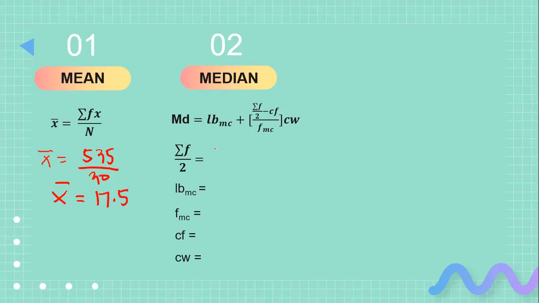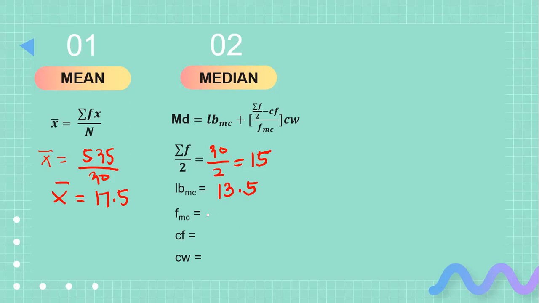17.5. For this part is 30 by 2 is equal to 15. Then atong lower boundary kay 13.5 or 13.05. Okay? Parehas na sila class.